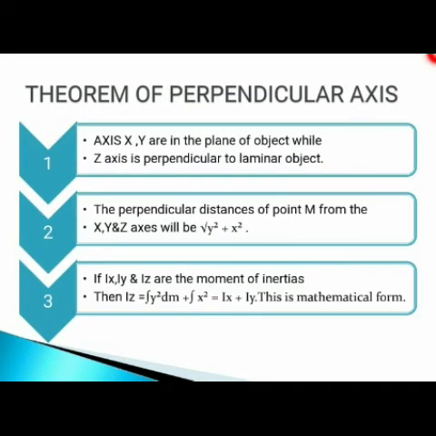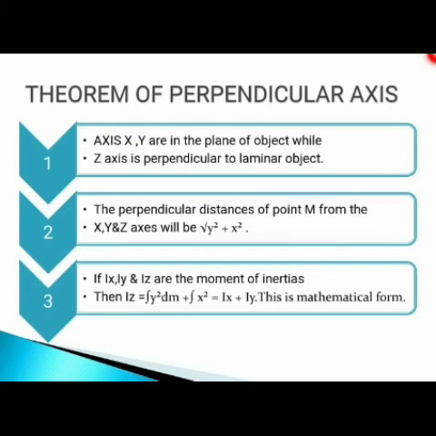Let us go through the theorem of the perpendicular axis. The axes x and y are in the plane of the object while the z axis is perpendicular to the lamina. The perpendicular distances of the point M from the axes x, y and z can be written respectively as square root of y square plus x square. Let us proceed to the moments of inertia about these three axes.